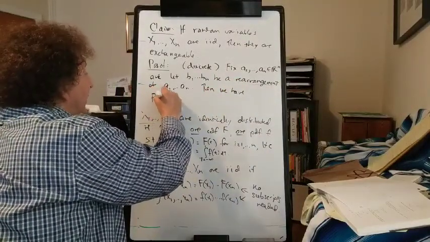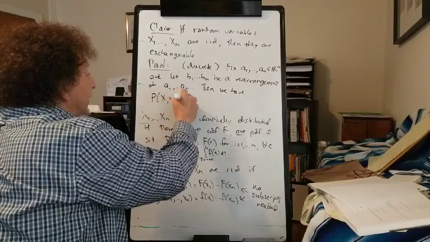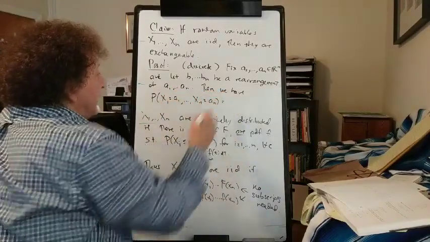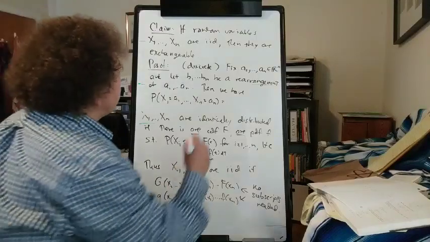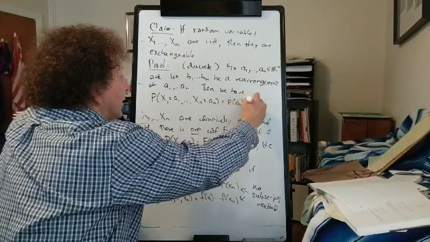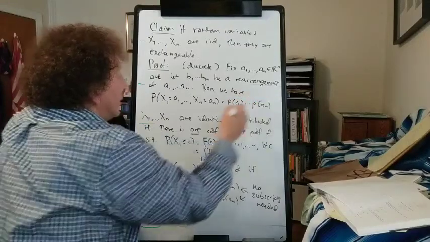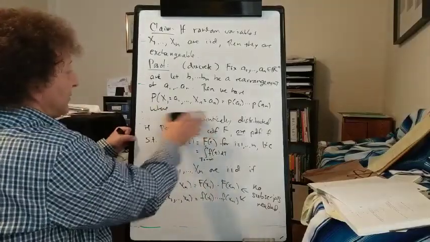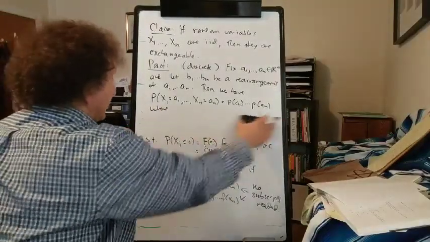Then we have the probability that X1 equals a1, etc., and Xn being equal to an equals p of a1 through p of an, where p is the probability mass function of any one of those random variables.